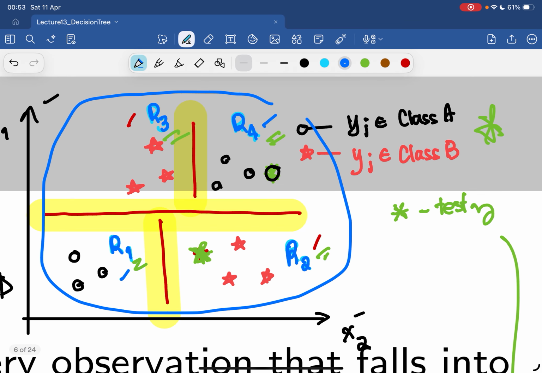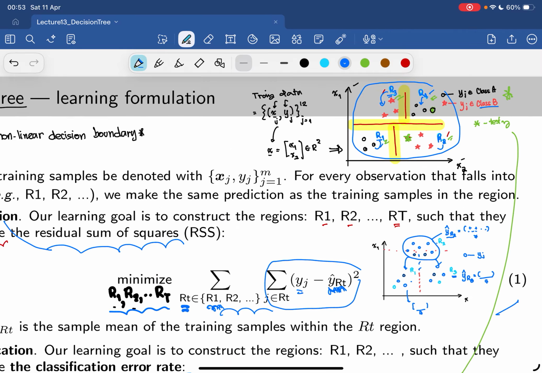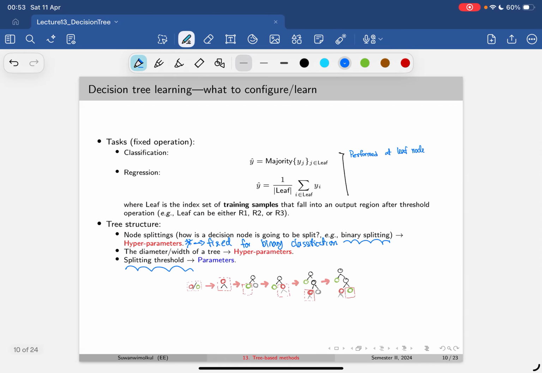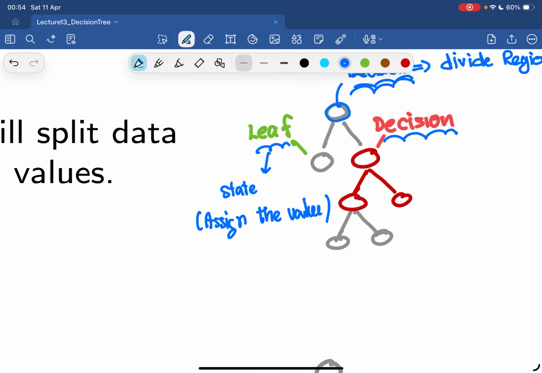Or, for this region, R3 is representing the star points, so it's probably class B, or this region is class A, this region is class A, this region represents class B. So that is what the leaf node is. It's assigned a value, or maybe assigned the representation of that region. So it's a state where you do something.